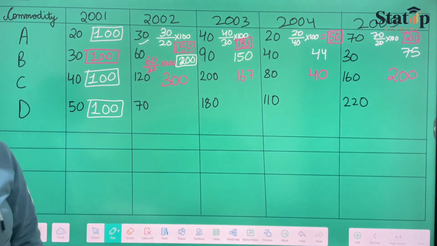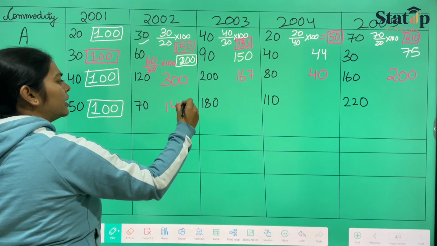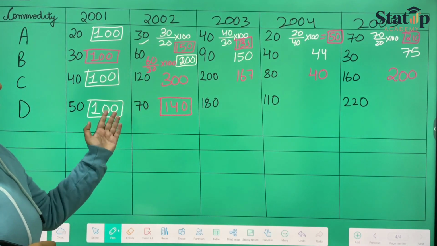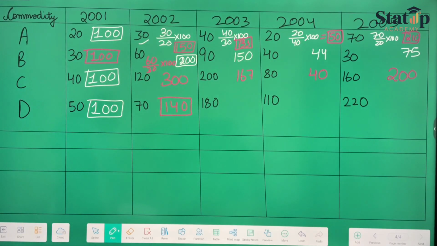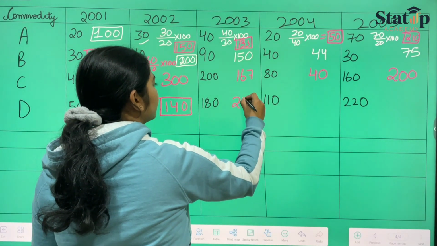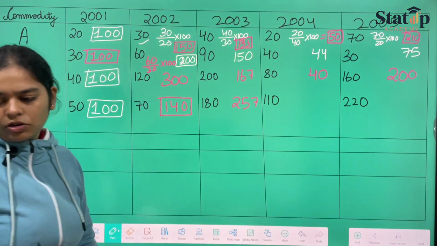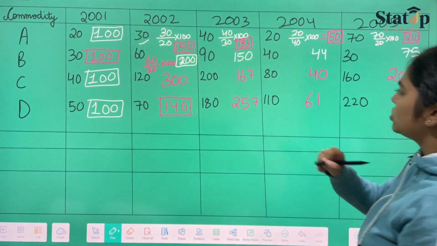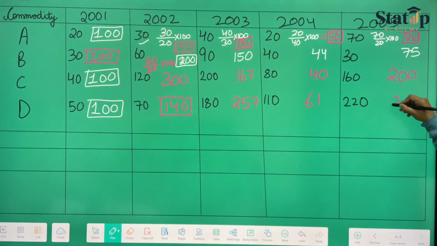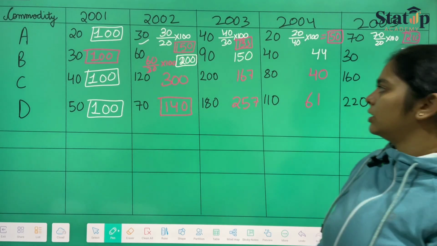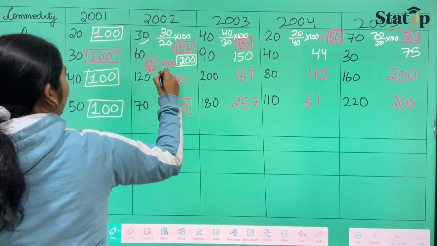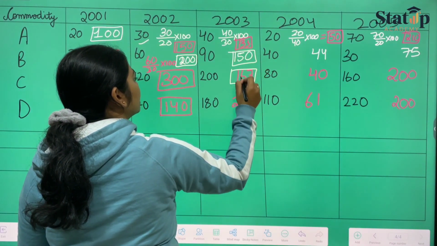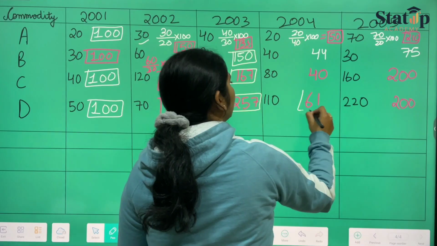Now 70 upon 50 into 100 will be equal to 140. 180 upon 70 into 100 will be 257. 110 upon 180 will be 61, and 220 upon 110 into 100 will be 200. So we have found all the values needed for the link relative.